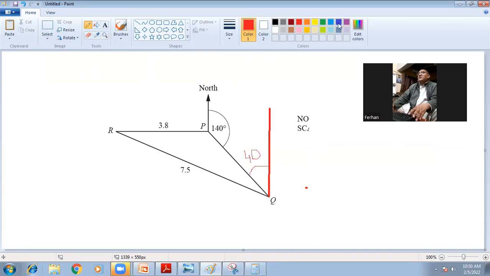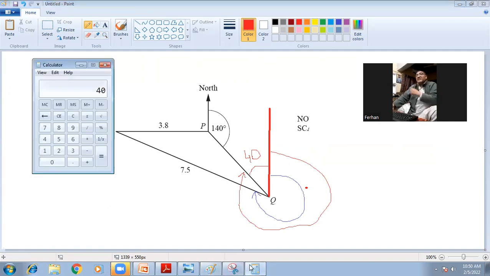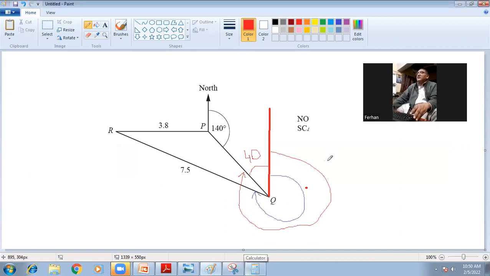So now, how much will be this angle? That is the actual question. But I can easily tell you how much is this angle. This red angle will be 360 minus 40. It will be 320.